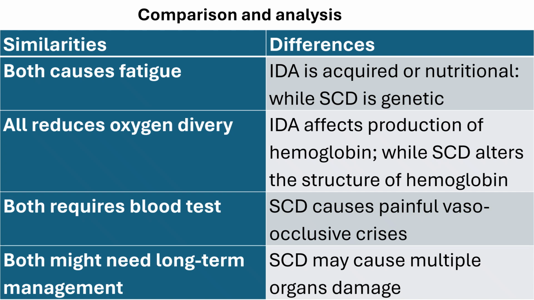Similarities and differences. Both cause fatigue. The difference is IDA is acquired or nutritional, while SCD is genetic. On similarities, we both have reduced oxygen delivery. Both require blood tests, and both might need long-term management.